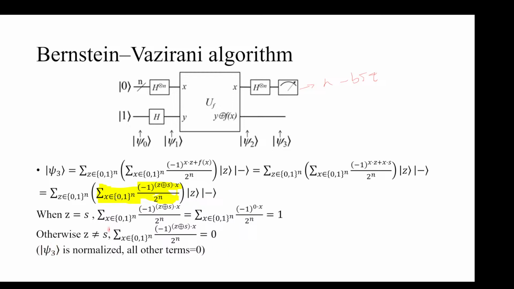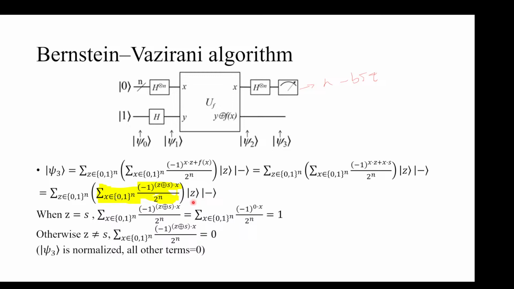You can do this in 2 ways. First, you can do a careful proof that this will always be the case, that it's always equal to 0. You can also shortcut it a little bit by knowing that psi 3 is a normalized state.